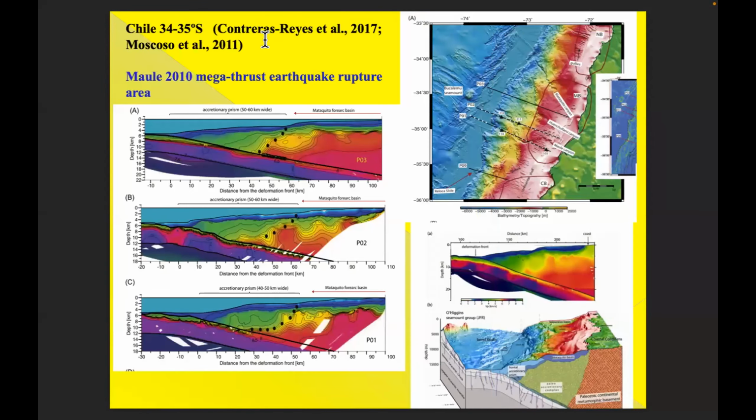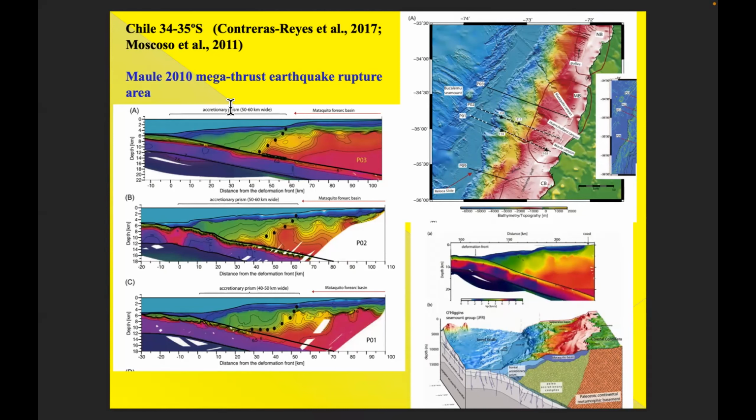A little bit further south of the Juan Fernandez Strait, we have a relatively thick sediment thickness of about 2 kilometers. And here is the Maule area, the rupture area of the 2010 earthquake, magnitude 8.8.